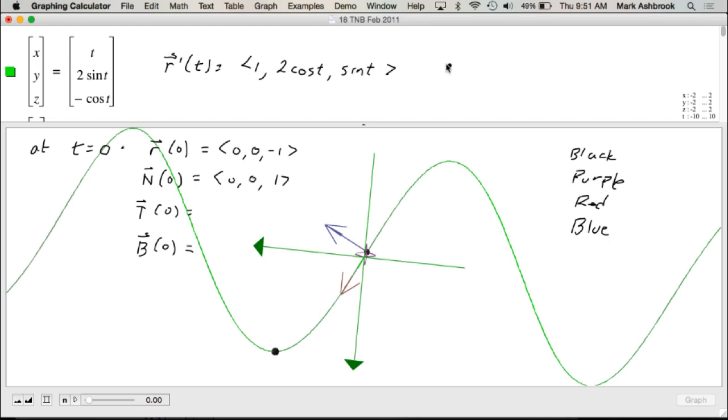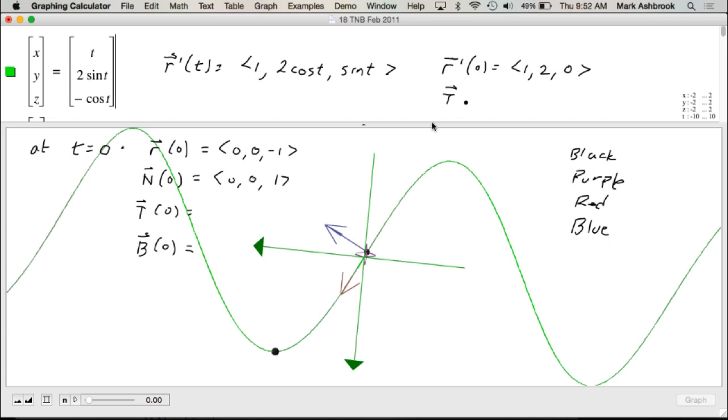So at 0, we get 1, 2, 0. So there's only one thing left to do, which would be what? We got the direction of that red vector, which is the tangent. Just make it into a unit vector.